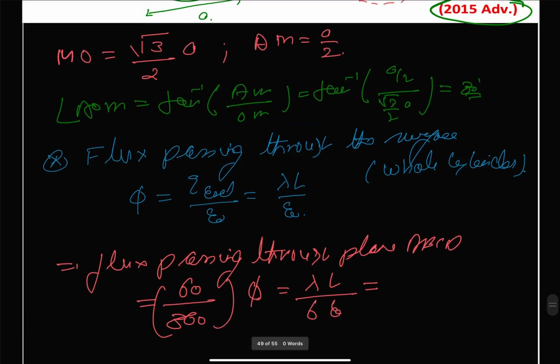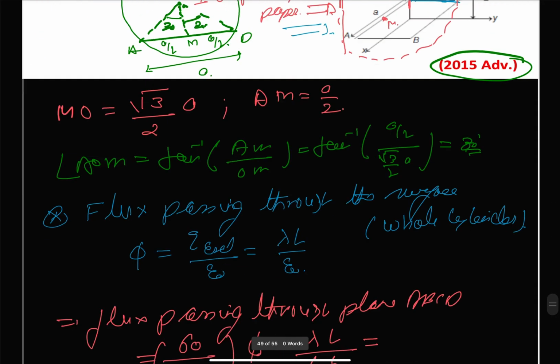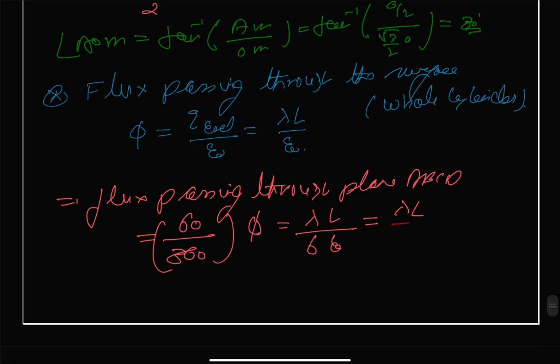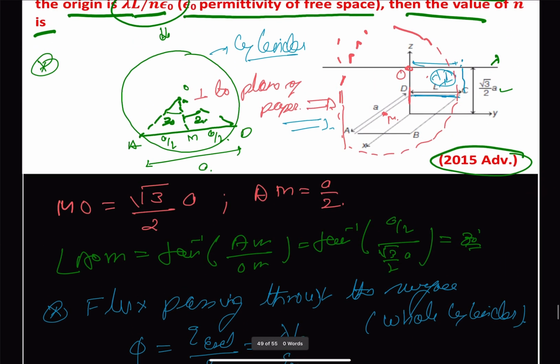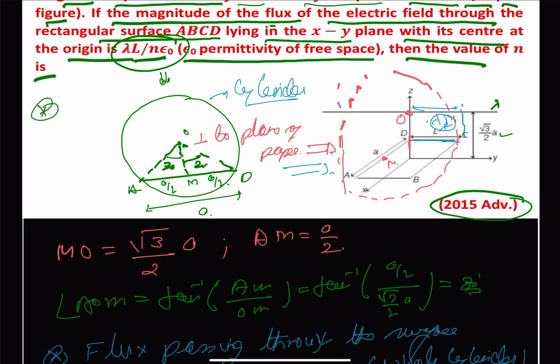The general value of the flux is given as lambda L upon n times epsilon naught. So this gives us the value of n equal to 6. So the value of n is 6.